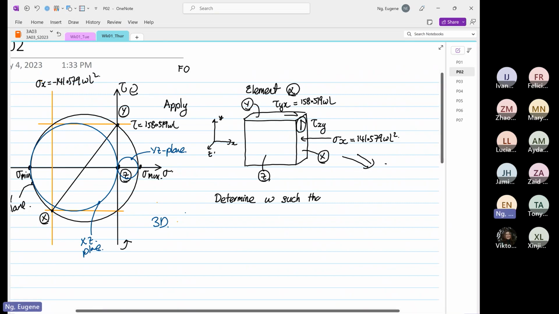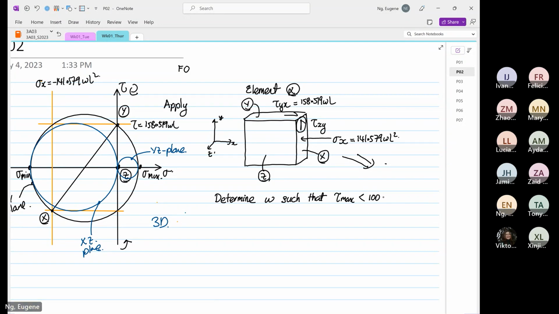Tau max has to be less than 100 megapascal, and then the stress mean must be greater than minus 200 megapascal. We have to ensure that. If it's not, our omega value is wrong.